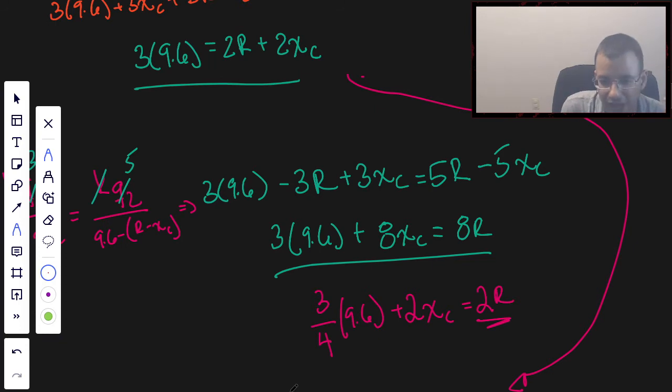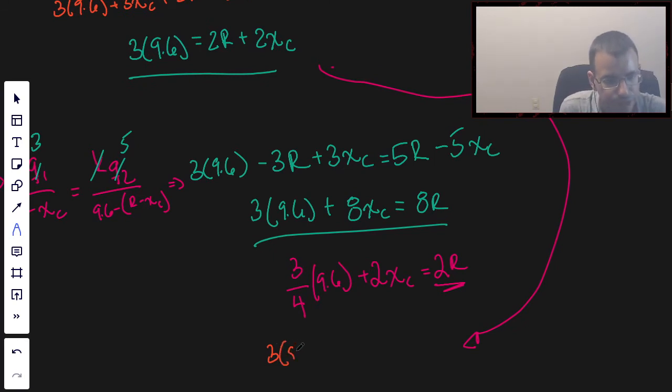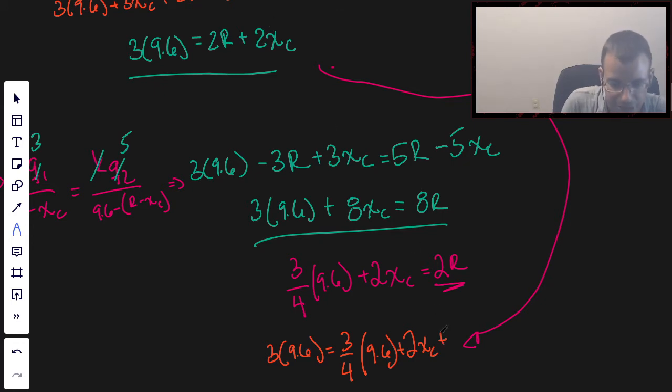So now we're going to have 3 times 9.6 equals, now we know 2r is this, so it's going to be 3/4 times 9.6 plus 2xc plus 2xc.